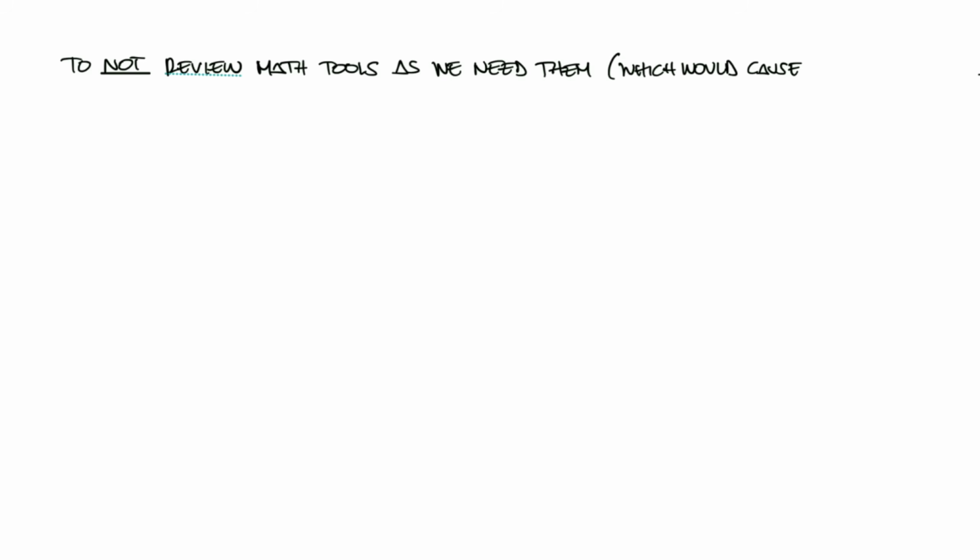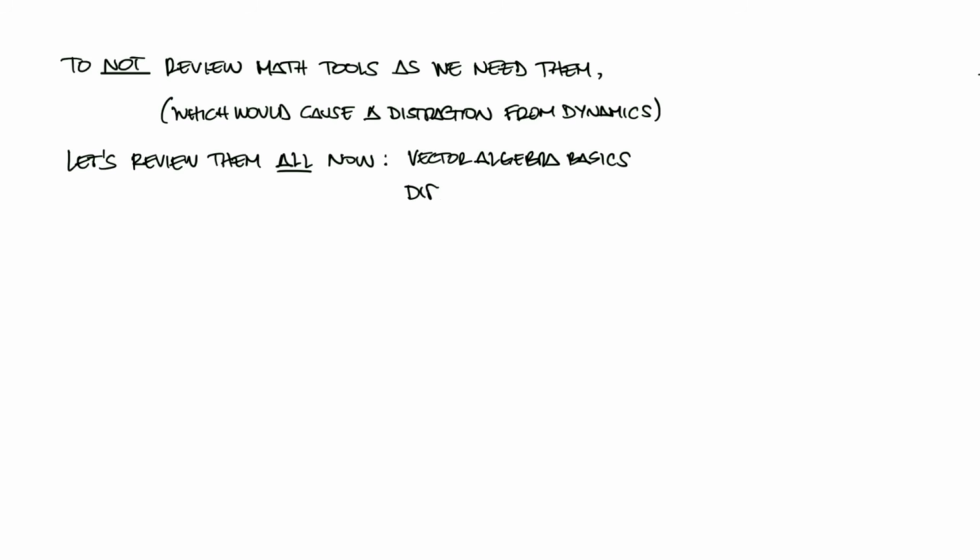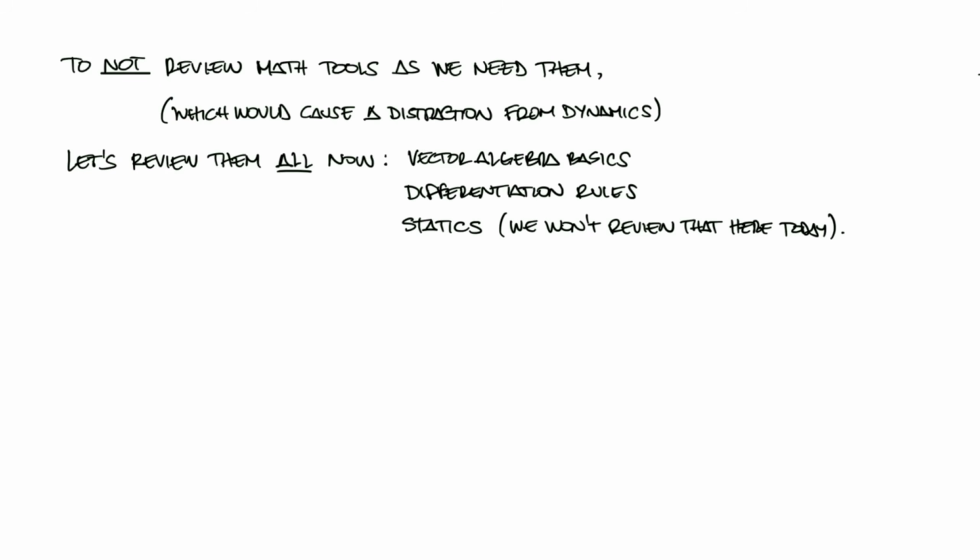Now for the connection between these topics to make sense without deviating too much into prerequisite concepts review as we cover them individually, it's important to really master basic vector algebra, differentiation rules, and statics.